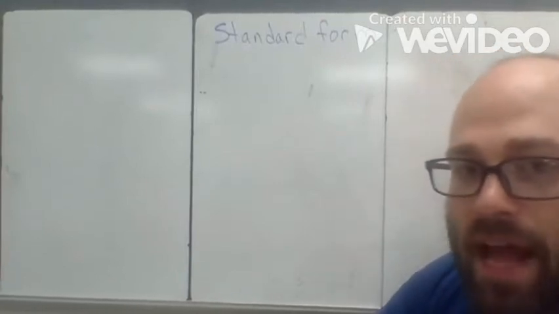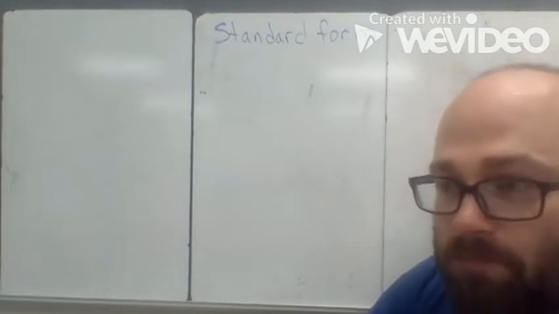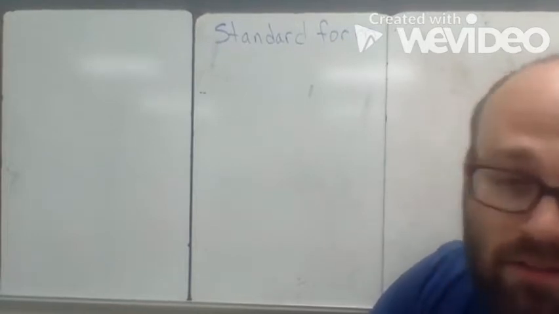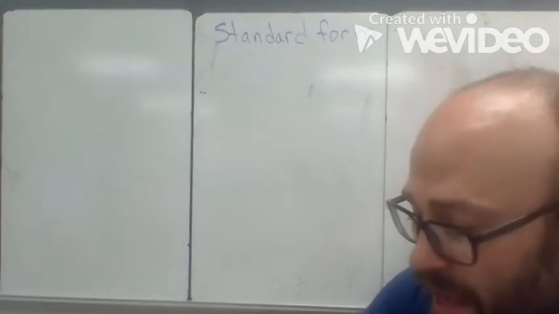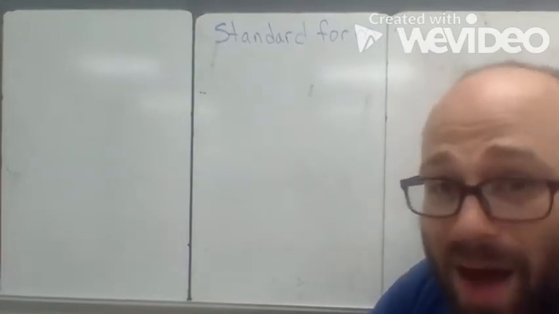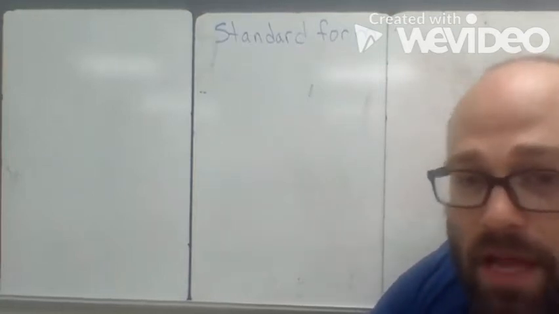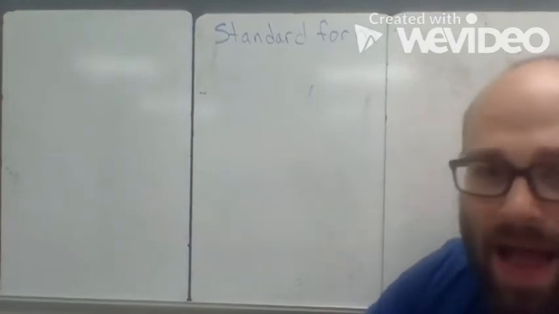Remember, terms in algebra are separated by addition, or subtraction, but adding negatives is subtraction. And so what we want to do when we're adding polynomials is combine like terms. And remember, like terms must have the same variable and must have the same power.